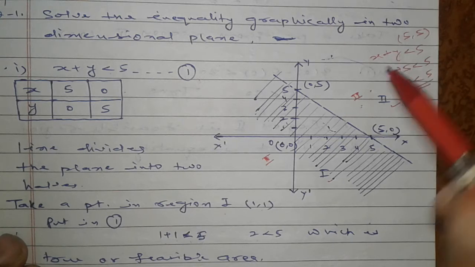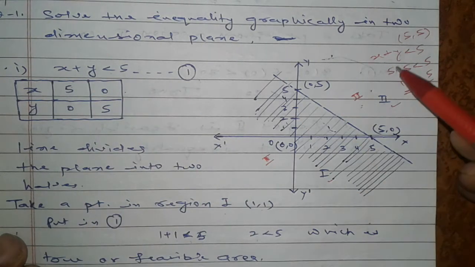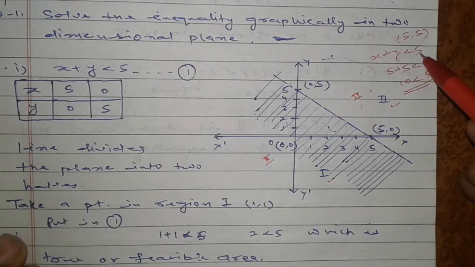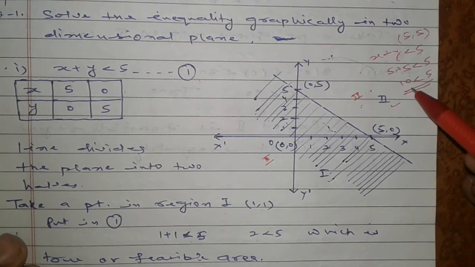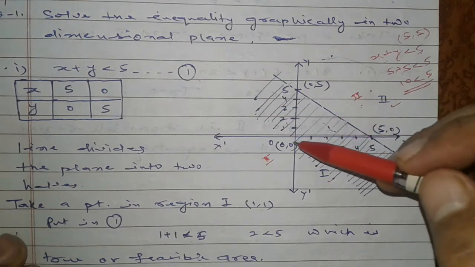I will put here 5 plus 5, 10 less than 5, which is not true. So 5 is not greater than 10. So this side is the non-feasible region, and this side is the feasible region.